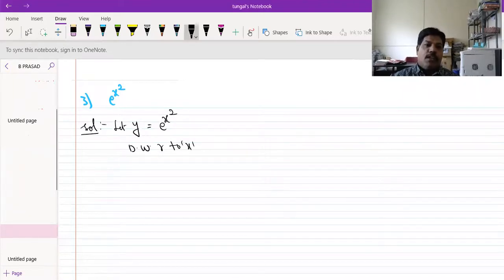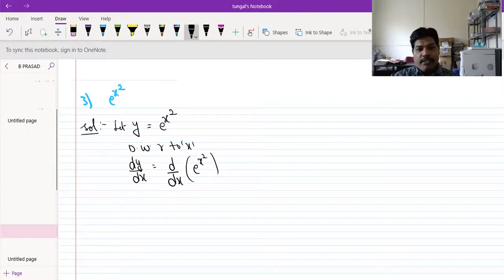What happens? dy by dx is equal to the derivative of e power x square. So it is also in the form of e power f of x. The derivative is nothing but, as you already know, dy by dx.